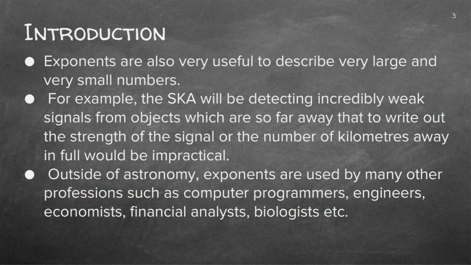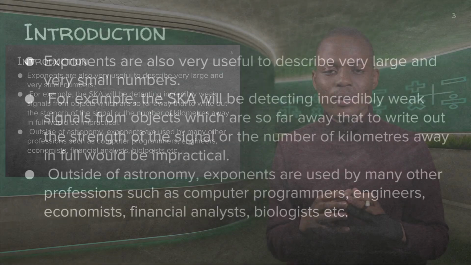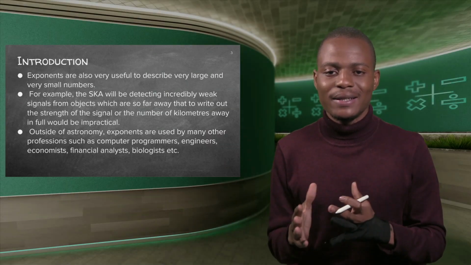So for example, the SKA will be detecting incredibly weak signals from objects which are so far away that to write out the strength of the signal or the number of kilometers away in full would be impractical. And outside of astronomy, exponents are used by many other professions such as computer programmers, engineers, economists, financial analysts, and biologists. So we will make use of exponents in different ways.